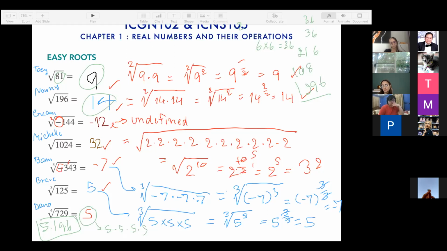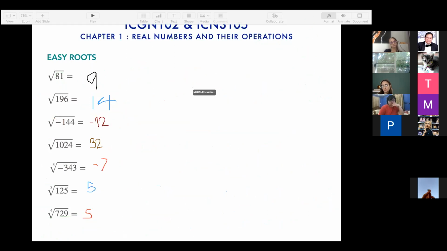For example, some of you may ask, can we have square root of negative 4 or not? In this one, no, because the value inside must be positive only. And if you say that square root of x equals negative 2, what is the value of x?